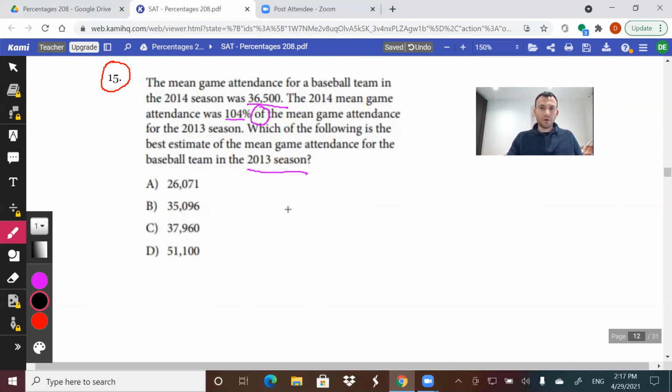So what we would do is we would say that 1.04 times the original amount, we'll call 2013 season X, so that's 2013 season, equals the number we are given for 2014. Now all we have to do is divide by 1.04.